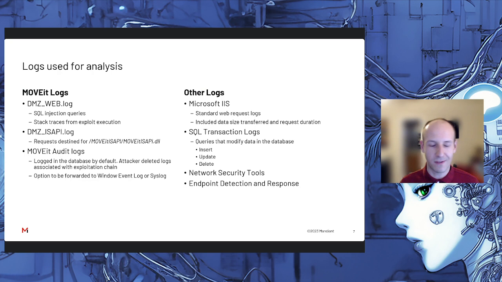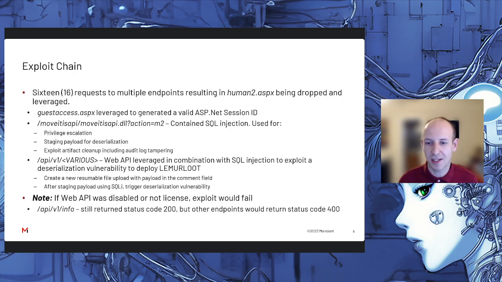Now, the exploit chain. The exploit chain ended up being, from all the logs that we've seen, about 16 requests to multiple endpoints in the application that resulted in this human2.aspx page getting dropped on the server and then used by the attacker.